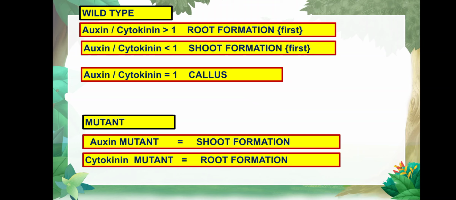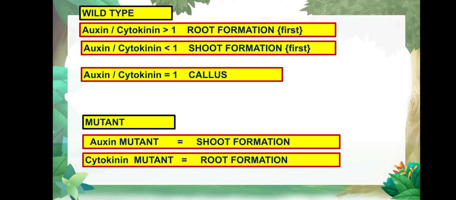So in relation to the question, there are mutants, isn't it? In mutants, there is inactivation of the gene or a non-working gene. In case of an auxin mutant, the auxin is not functioning.